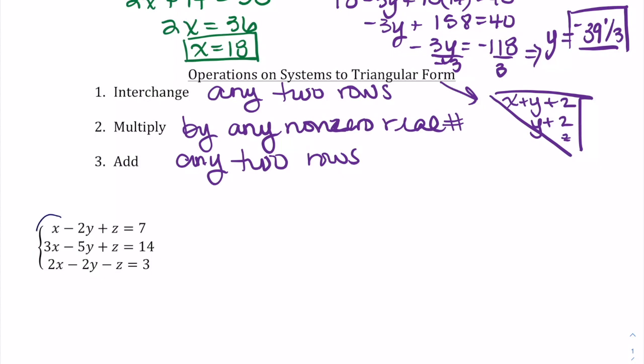I start on the left side and work my way in. With regular systems of equations, we can pick and choose where we want to work from. This one we're going to be very particular. I want to eliminate the x in that first and second row. So we're going to multiply row 1 by -3, and add it to row 2.